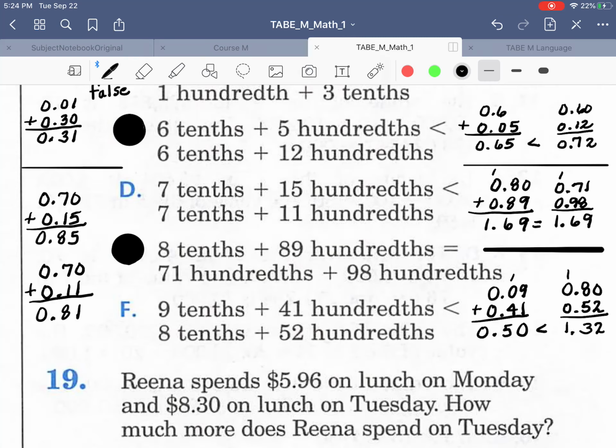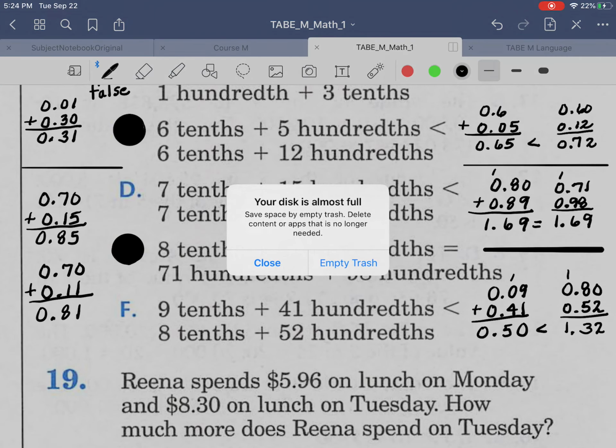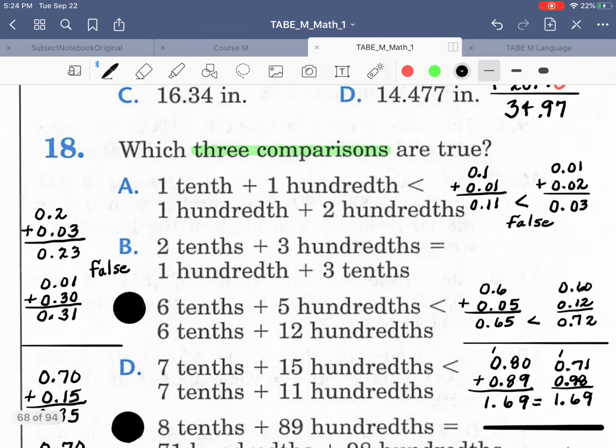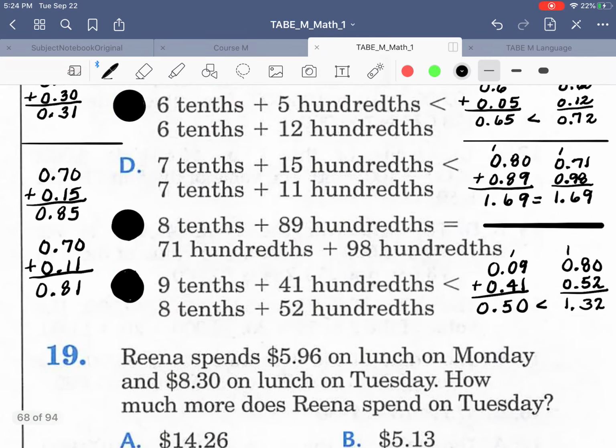And yes, that statement is true. So that's the third one that we are looking for. So the answer to number 18 is C, E, F.